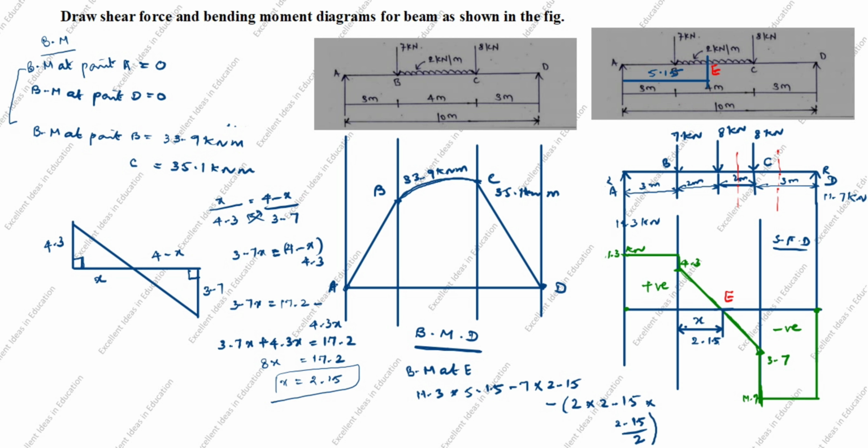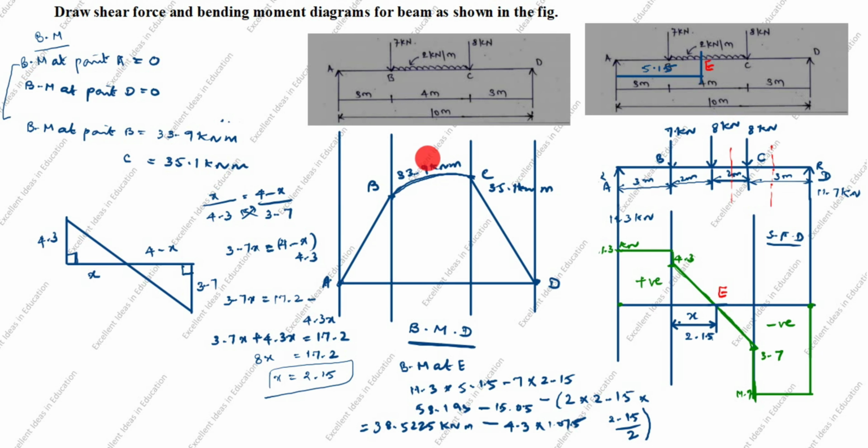Next, 11.3 into 5.15 is 58.195 minus 7 into 2.15 is 15.05 minus 2 into 2.15 is 4.3 into 1.075. 2.15 divided by 2 is 1.075 equal to 38.5225 kilonewton meter.